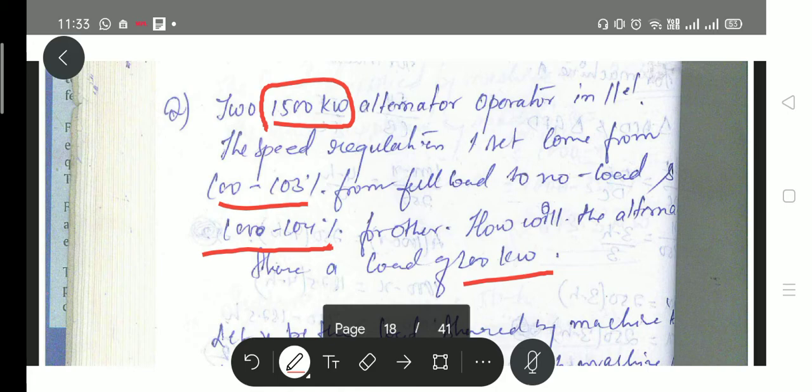Both machines have 1500 kilowatts of power. Here the speed regulation is given: A is 100 to 103 and B is 100 to 104, and the total load is 200 kilowatts.